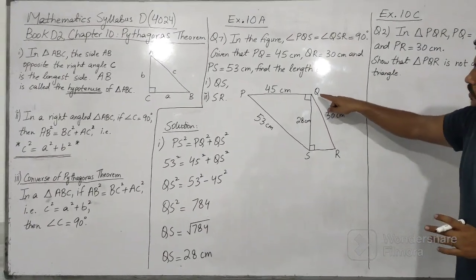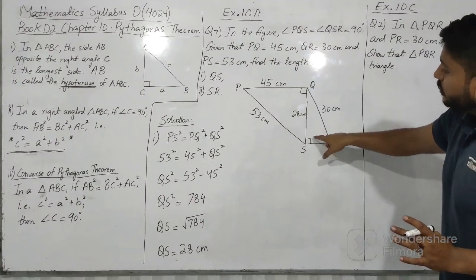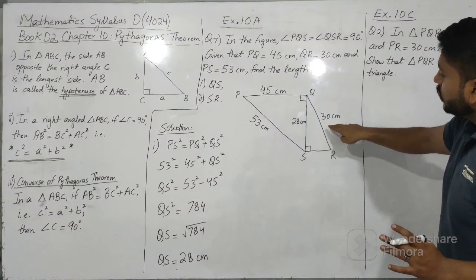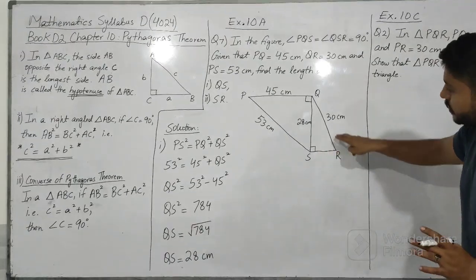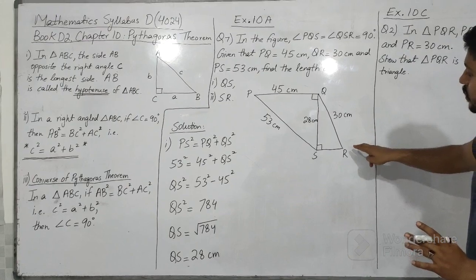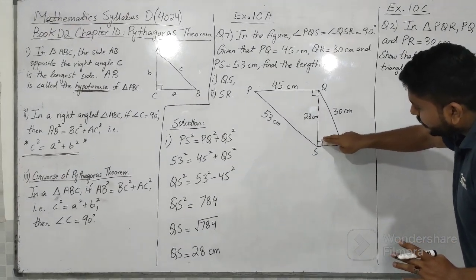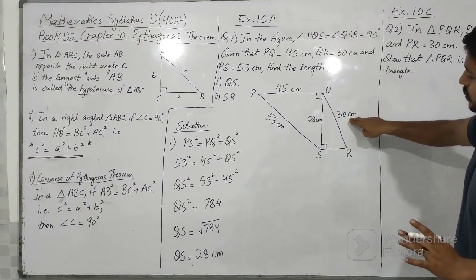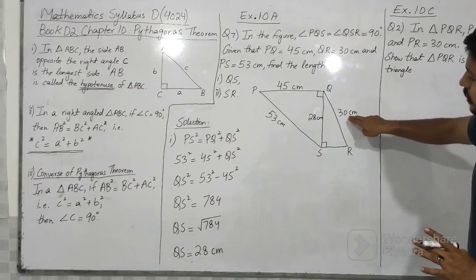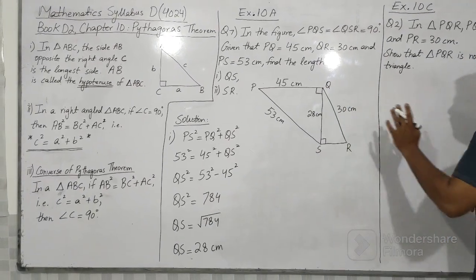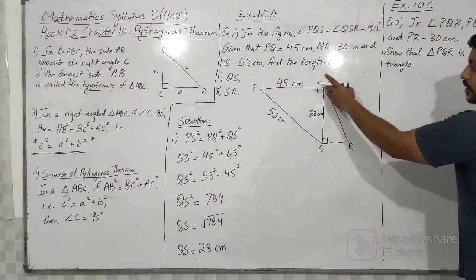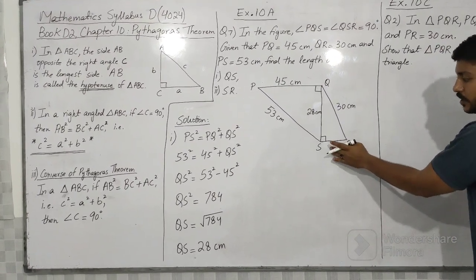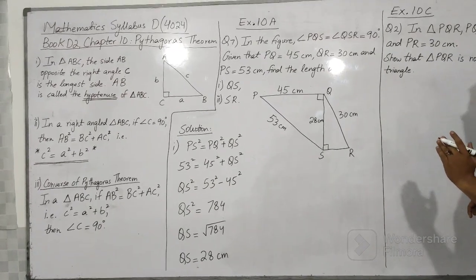If you observe here, in this right angle triangle QSR, the side opposite this 90 degree, this 30, is the hypotenuse, which will be the longest side. So this will be the perpendicular or the opposite, and this will be the base or the adjacent.